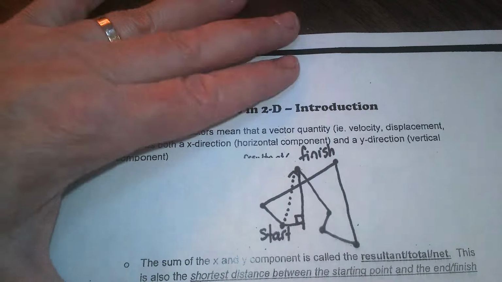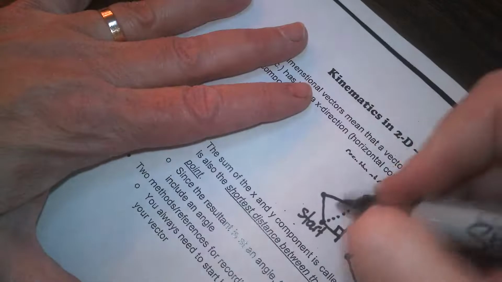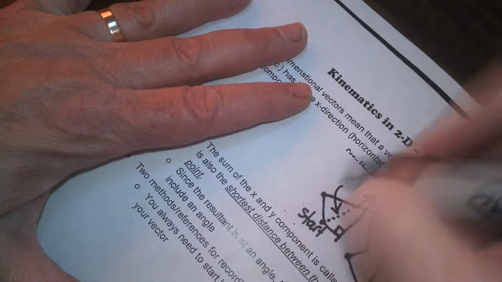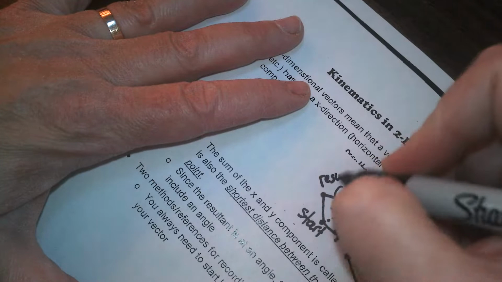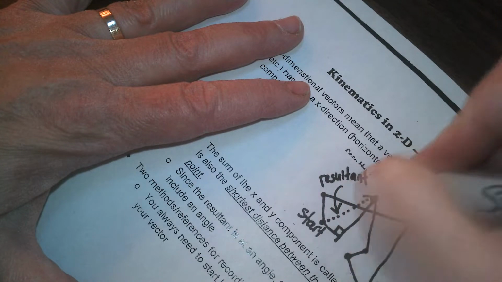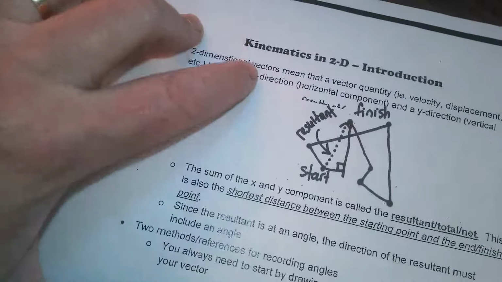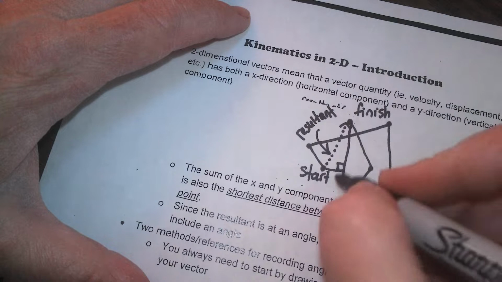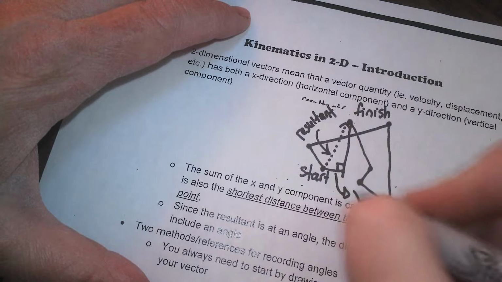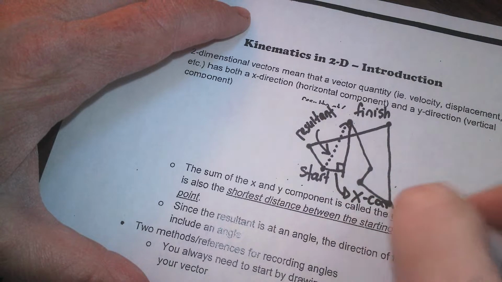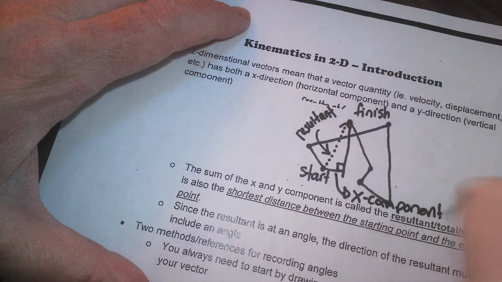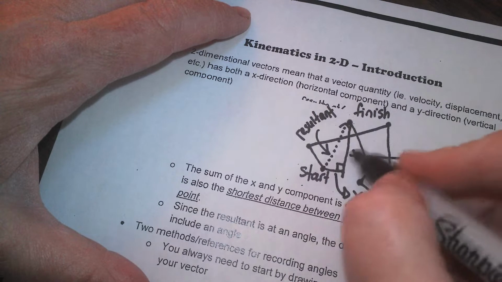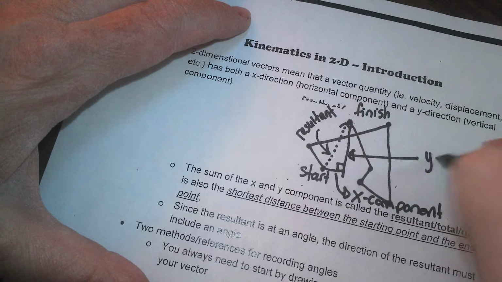And this part here is what we call the resultant vector. Otherwise known as what in math? The hypotenuse. So here's my x component, and here is my y component.